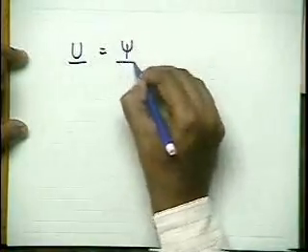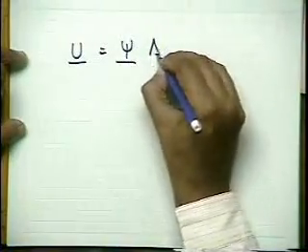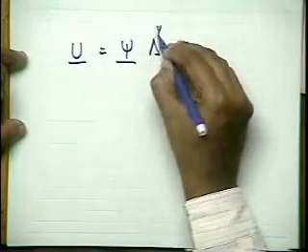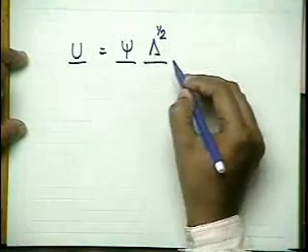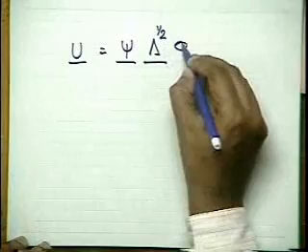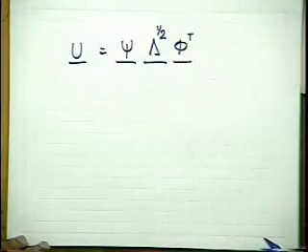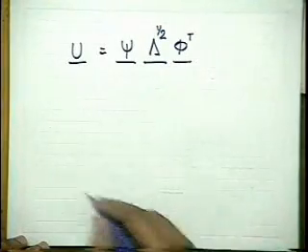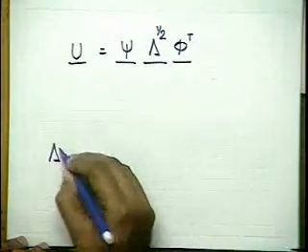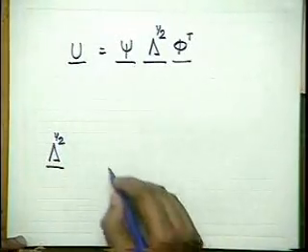The image matrix U can be written as the product of the psi matrix, then another matrix which I am denoting by capital lambda to the power of half, multiplied by the phi transpose matrix. I will explain what this big lambda to the power half matrix stands for.